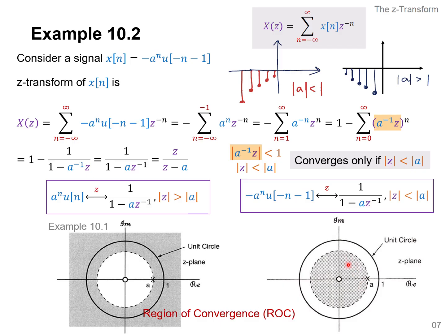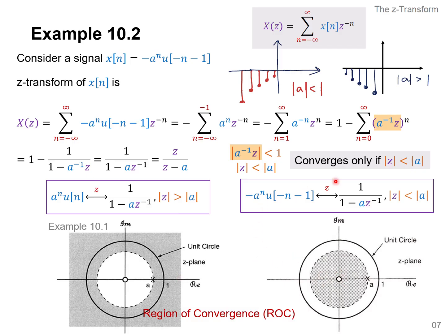Now let's compare this signal with the signal in example 10.1. For this right-sided signal, the ROC is the magnitude of z larger than radius a. That is the region outside the circle.